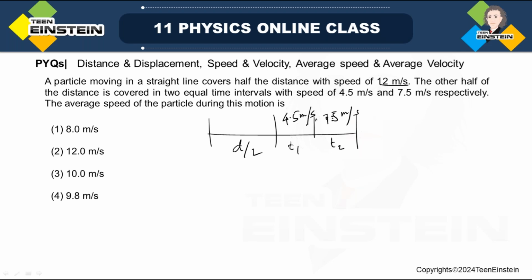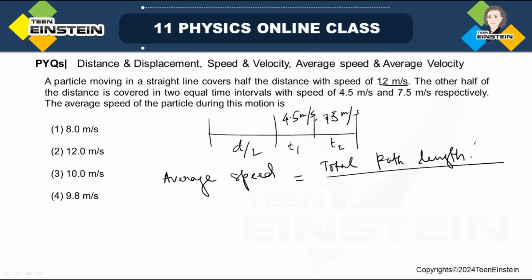We have to find the average speed. Average speed means total path length covered, or total distance, divided by total time interval.